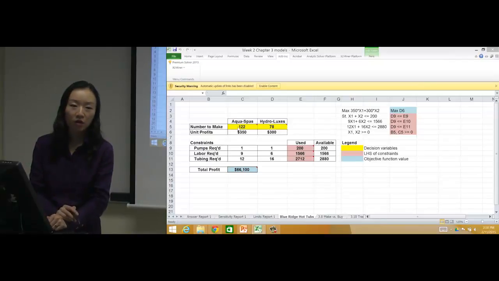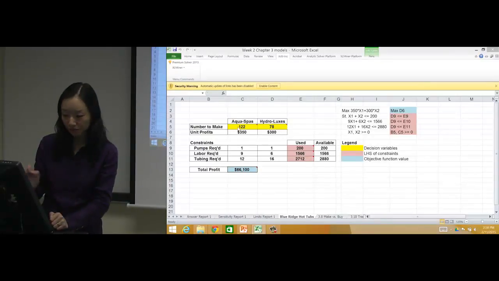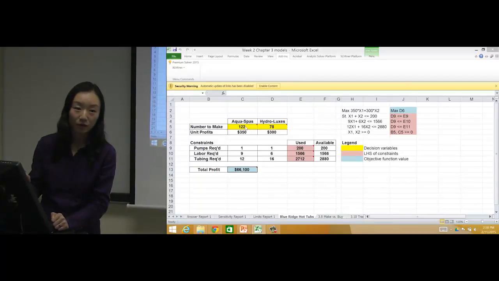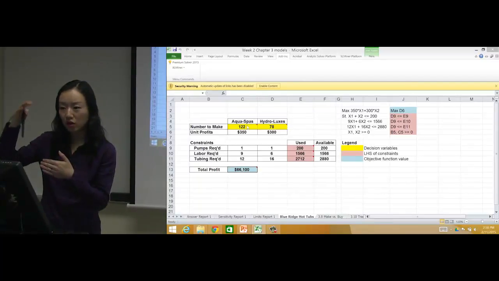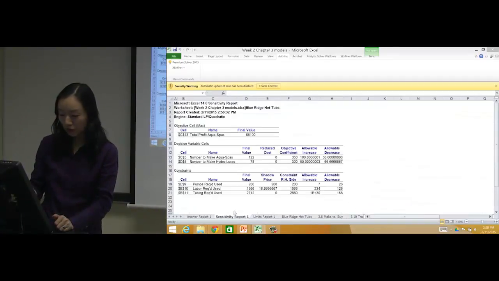That's an indication of the importance of having meaningful labels for all your cells, especially considering the column and the row, because with those names, it's much easier for you to interpret a sensitivity report.